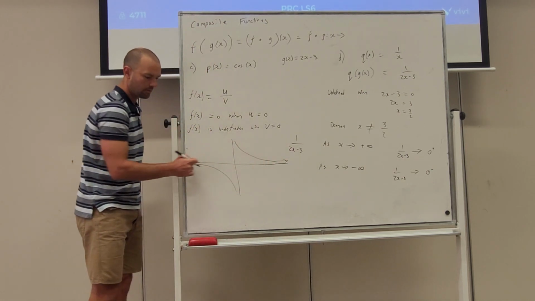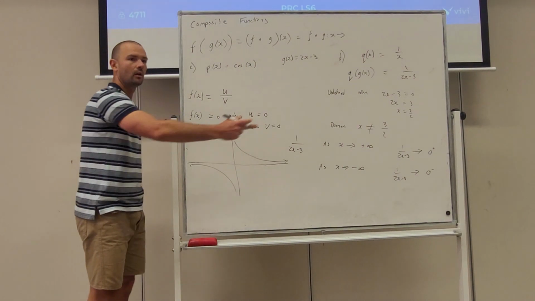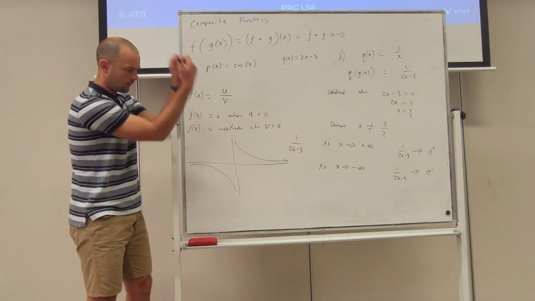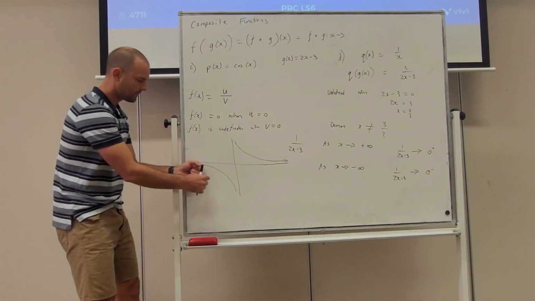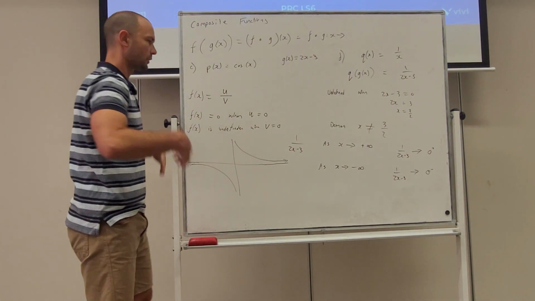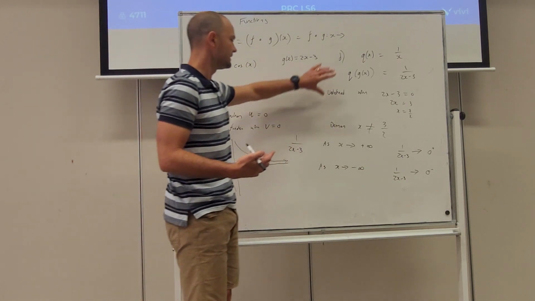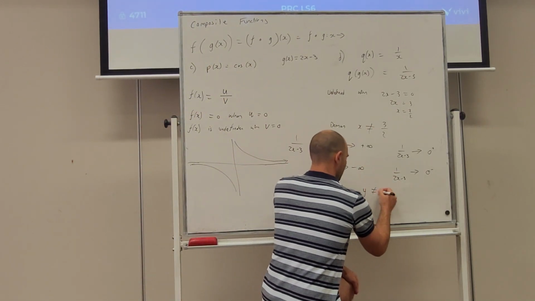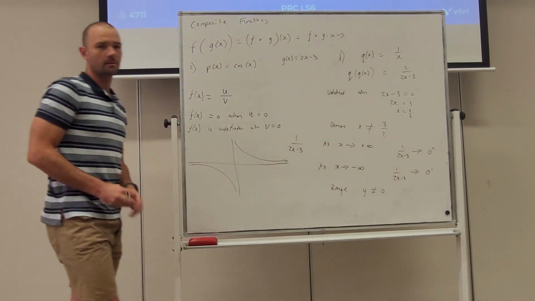What do we have going on there at y equals 0? A horizontal asymptote. And so we can see it exists for all other values of y except as it approaches 0. So the range for D, we make the range y does not equal 0. It exists for every other value.